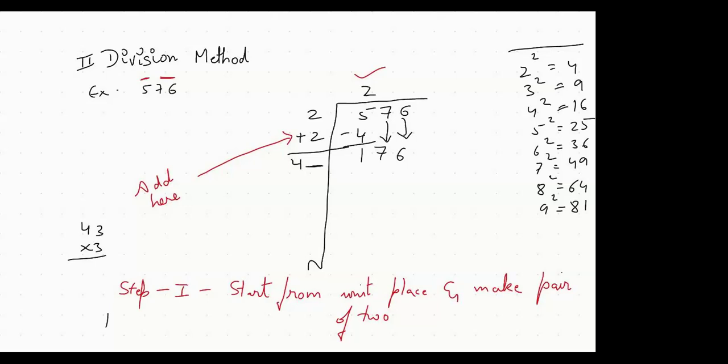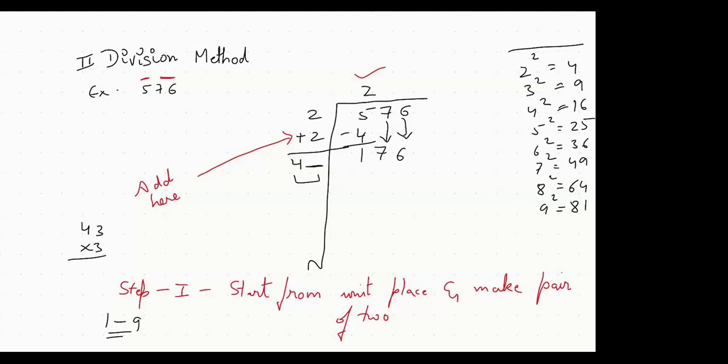See, we are finding out the square root. So for that, at this place you will put a number from 1 to 9, or from 0 to 9, which when you multiply this whole number with that number only which you are putting, you should get this inside number. This is the trick to it.